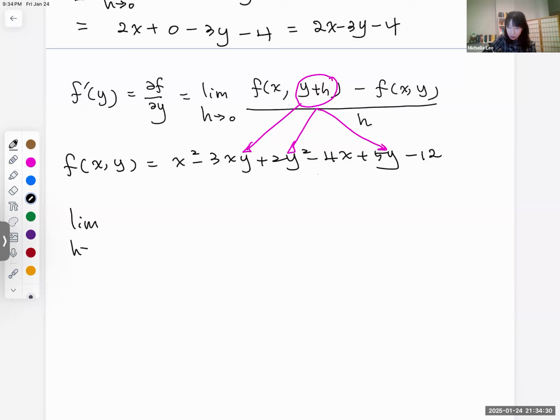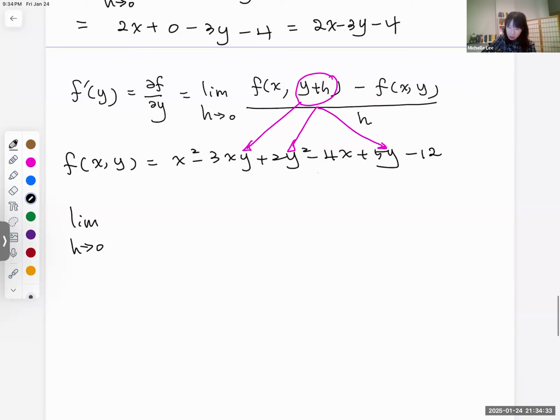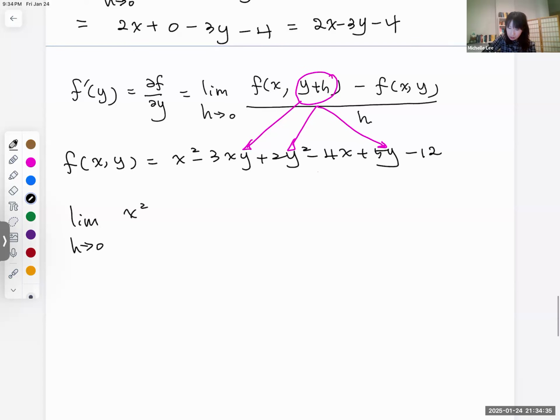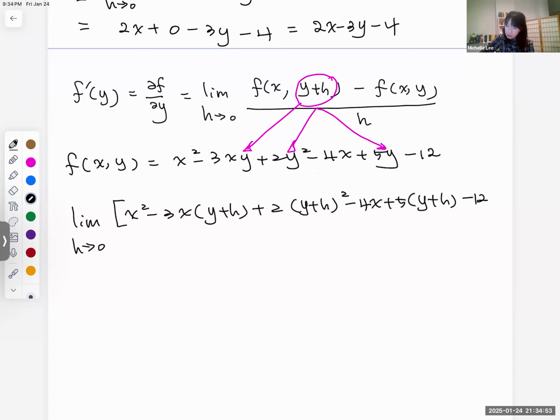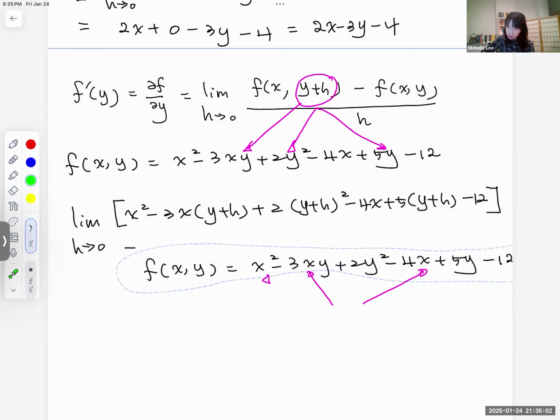Limit as h approaches 0 of x squared minus 3x(y plus h) plus 2(y plus h) quantity squared minus 4x plus 5(y plus h) minus 12, minus f of x, y. So just copy. I have this one.